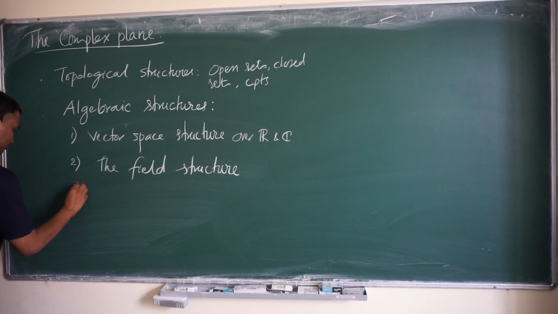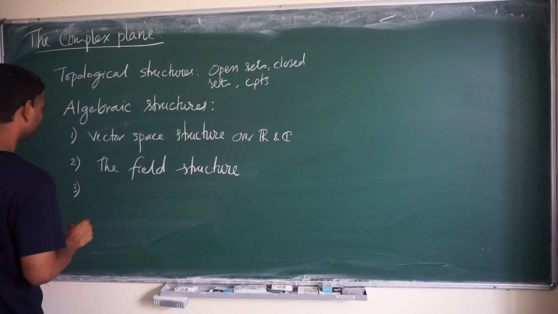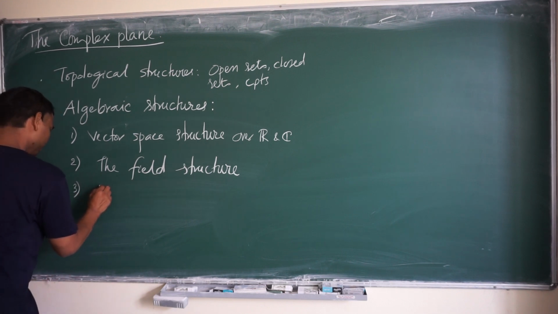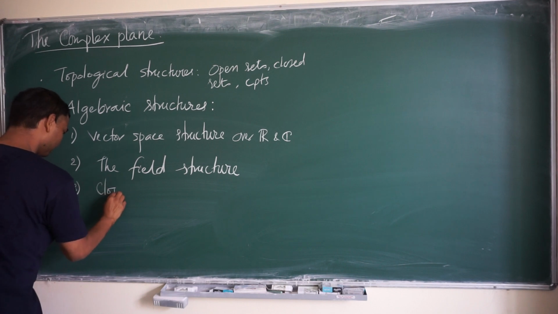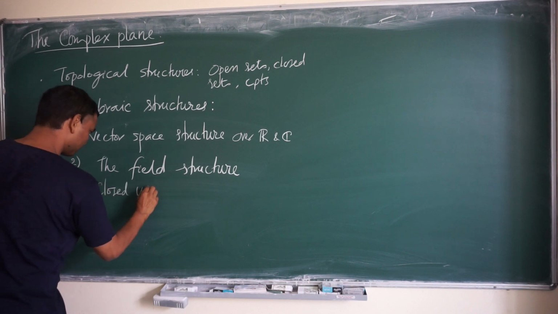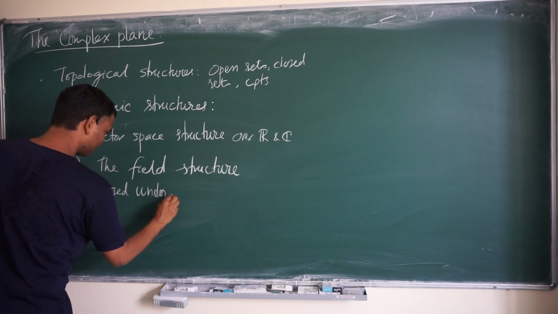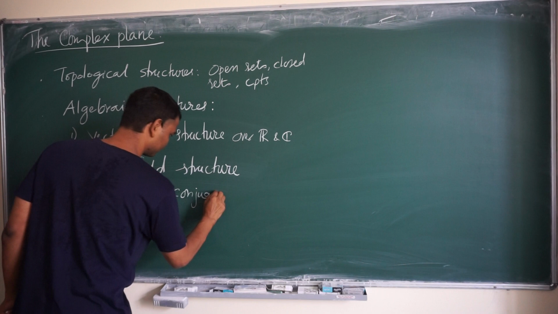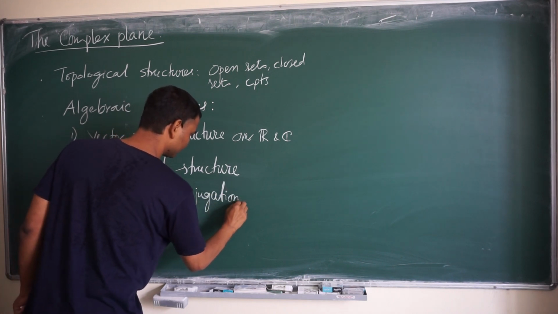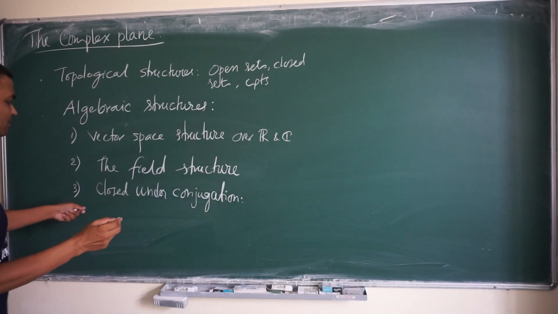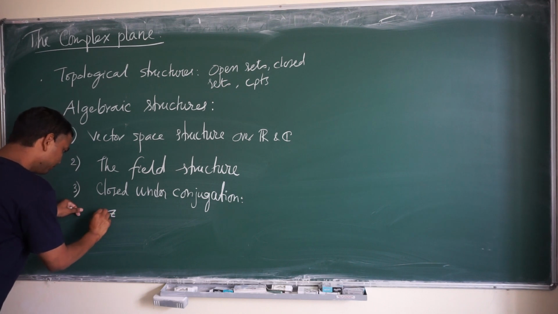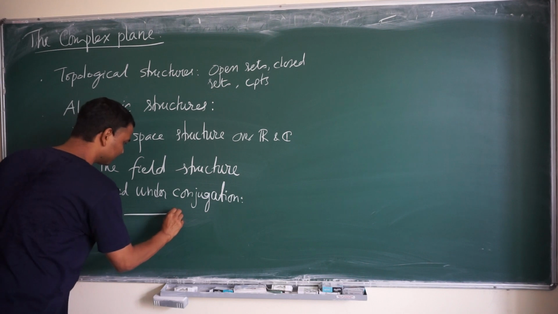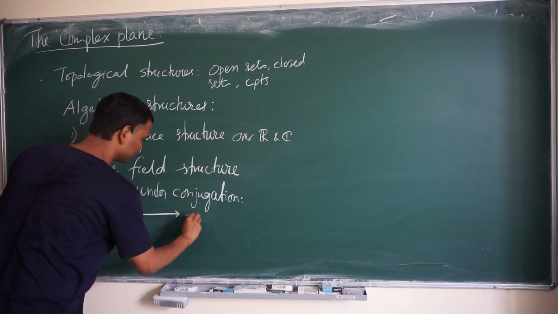Let's look at the third one, which is conjugation, closed under conjugation. So what does it mean? It means corresponding to every complex number z there exists z bar.